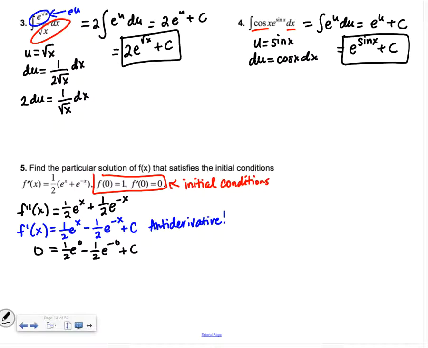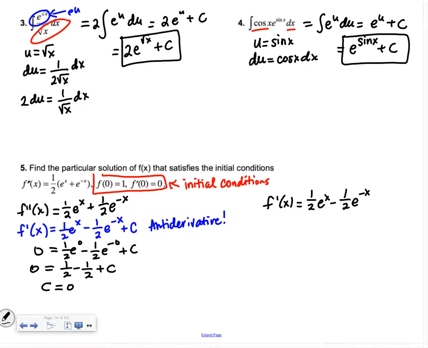Okay, that's what it was saying. It was saying that f prime of 0 is equal to 0. So we simplify. We're like, okay, 1/2 e to the 0 is 1, minus 1/2 times 1, plus c. All of that has to be 0. So what's c? 0. Yep. So that means that our f prime is really 1/2 e to the x minus 1/2 e to the negative x plus 0. Okay, the c was 0.